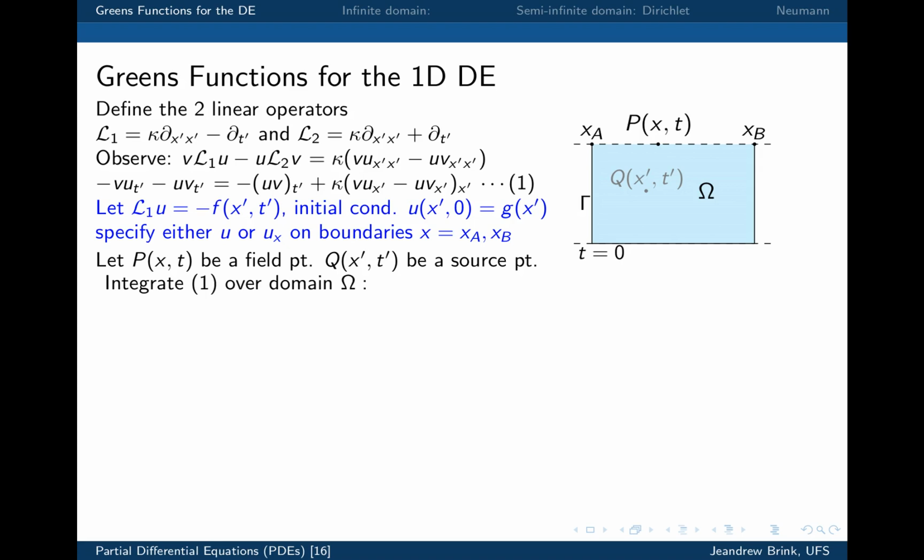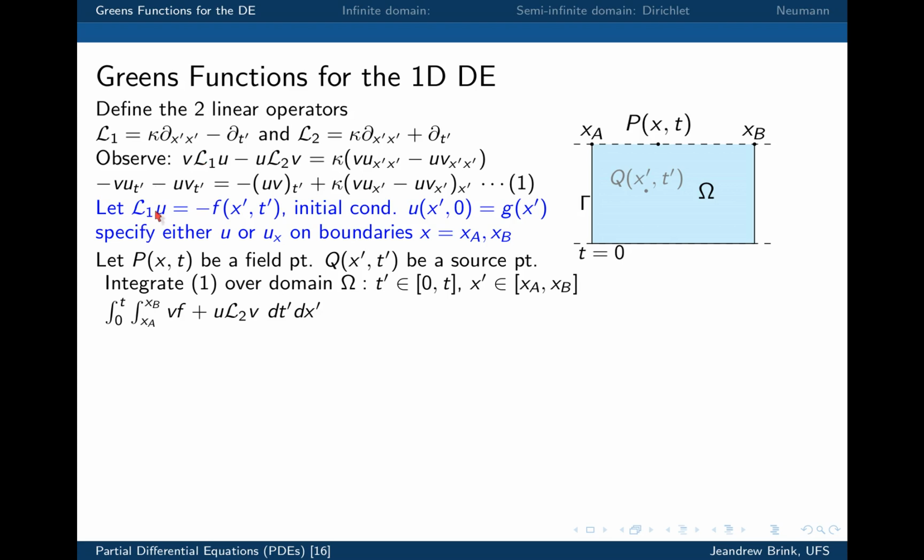Okay, so what we're going to do is firstly our domain that we integrate over goes from t prime from 0 to t, and x prime remains in this box. And let's now use this identity over here just directly that we've worked out, and we know that L1 of u is the actual operator we want to solve.